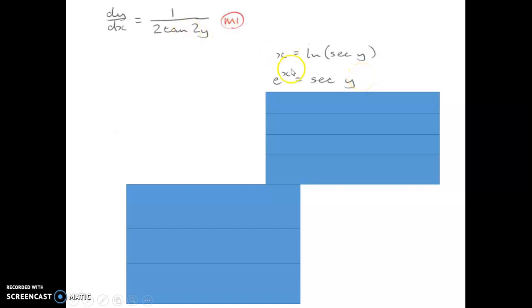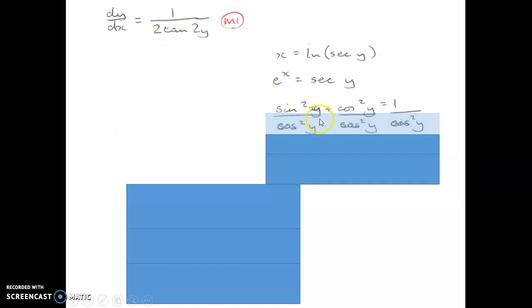I then, as I said, want to find some sort of relationship between tan and sec, and hopefully you remember that there is a relationship that we can gather from the sine squared plus cos squared identity. It might be that you already know of by heart the relationship between tan squared and sec squared, in which case you don't need to bother with this. But if not, then we can just remember that sine over cosine is tan.